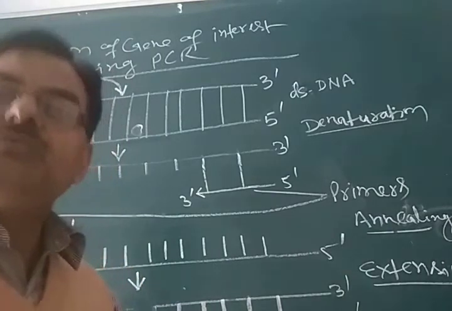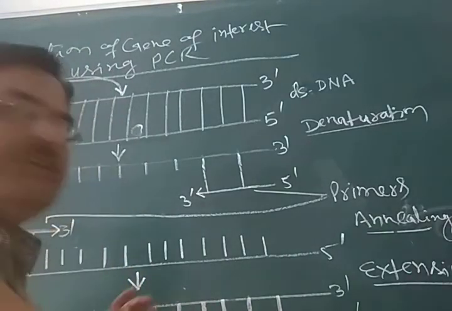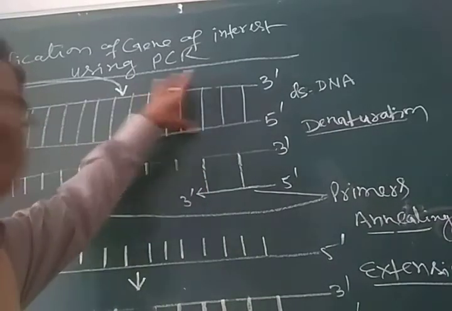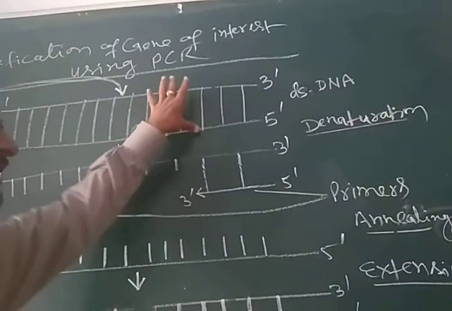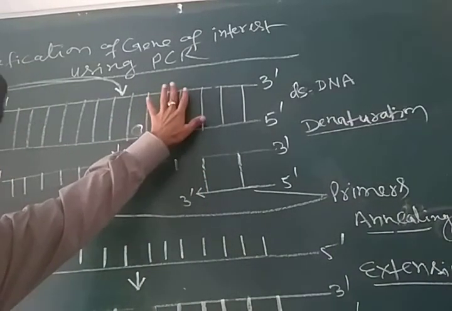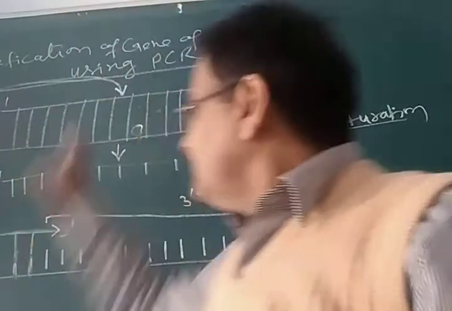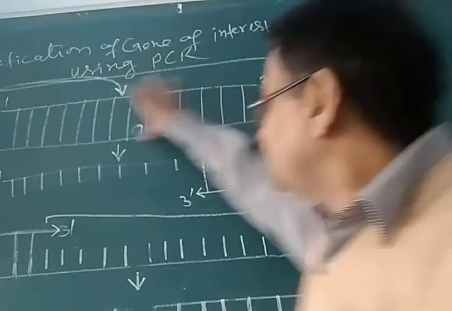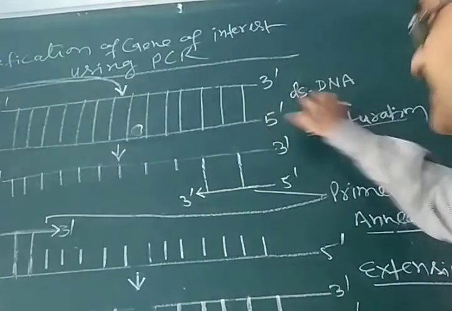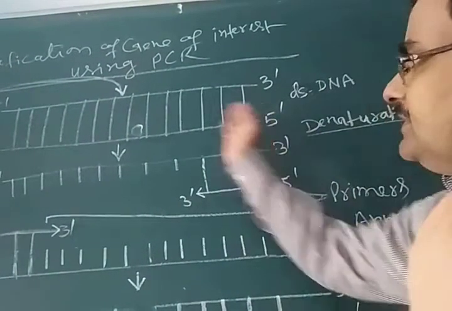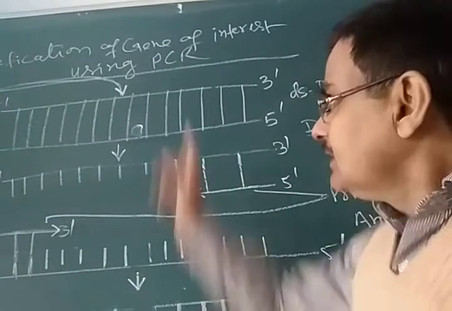So what do we do to amplify a piece of DNA or desired DNA? First of all, suppose this is the piece of DNA or desired gene that we are going to amplify, to make billions of copies of. This is the double-stranded DNA, the desired gene that we are going to make billions of copies of by this process.